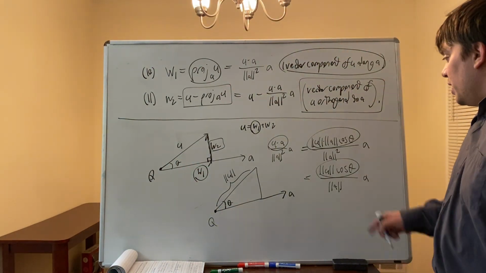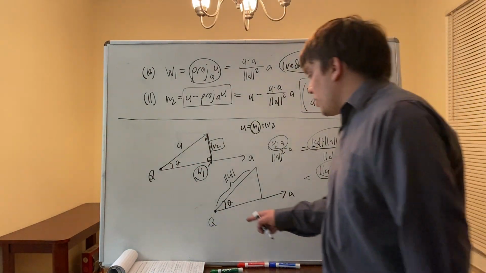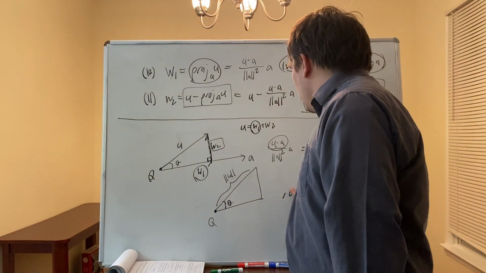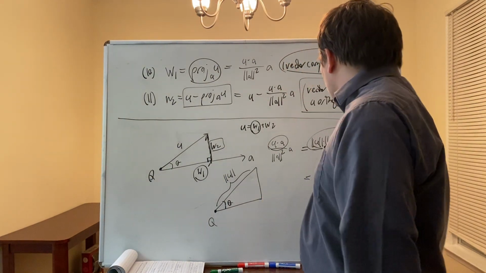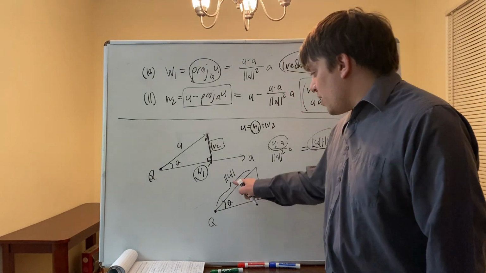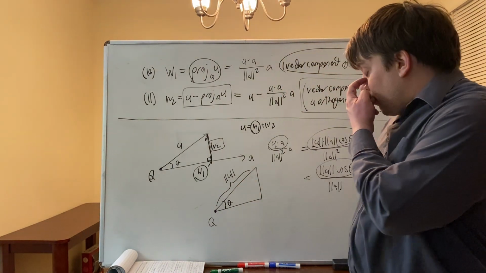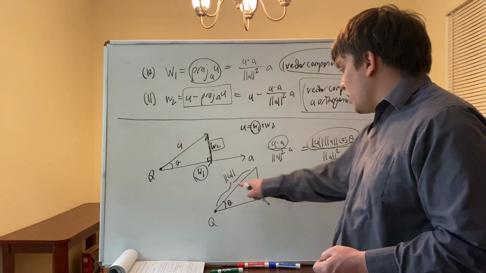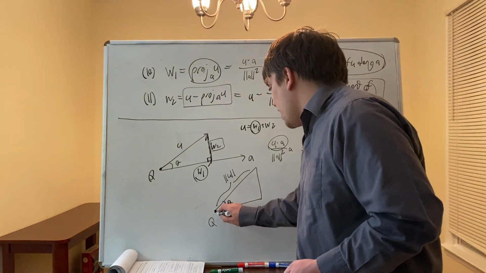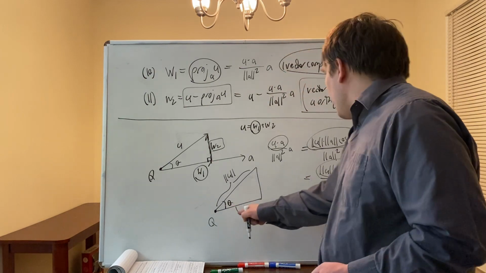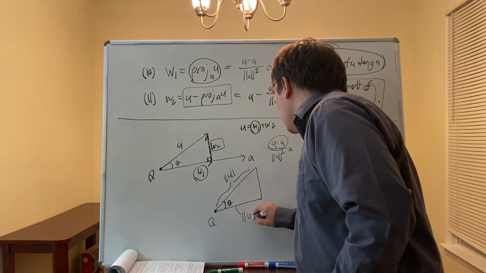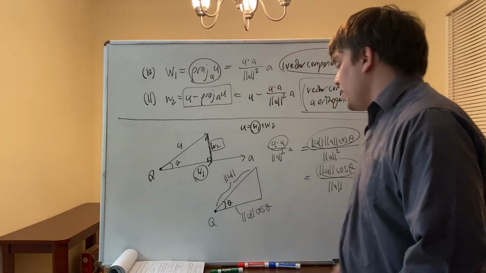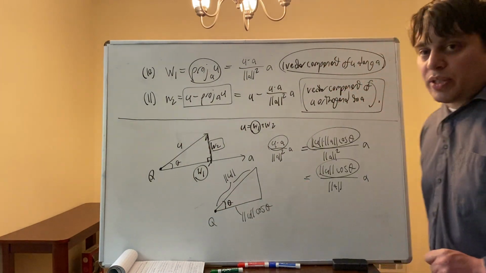The cosine of theta is defined as the ratio of this side over this side. If you multiply that ratio by the length of this side, you get the length of the adjacent side. So the length of that side is the norm of u cosine theta, by trigonometry.